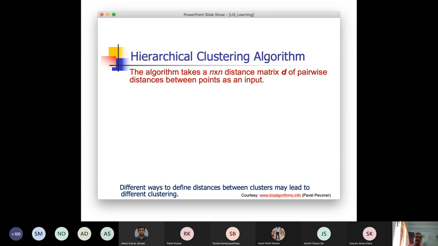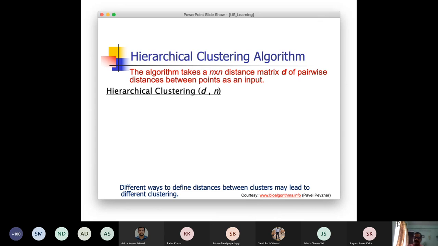You can have this description, mathematical or algorithmic, in this fashion: your input is an n cross n distance matrix, and using these distances only you are computing this clustering. That means the distance between two sets is also defined using these distance values only.